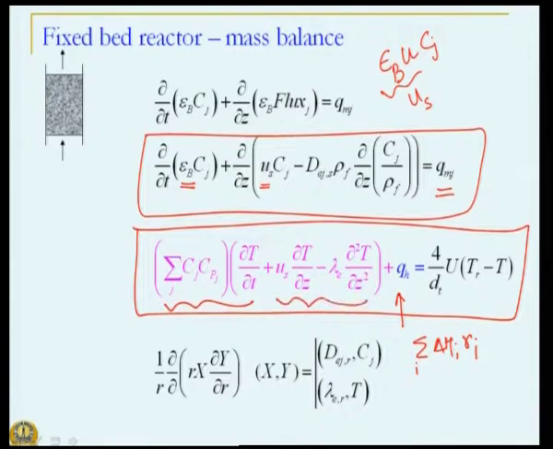this term represents my conduction as well as convective flow energy transport, and this denotes my energy added by external surrounding fluid. So, in that sense, our mass balances are very similar to what happens for a tubular reactor.